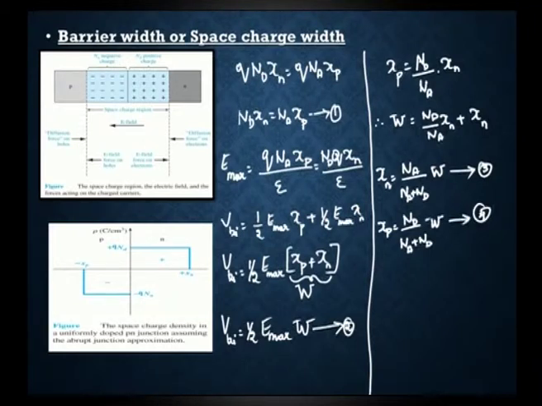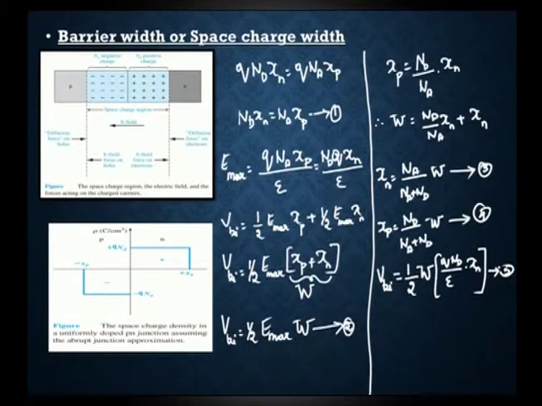Now we need the Emax value, which we substitute in equation 2, that is Vbi equals 1 by 2 into W into Emax, where Emax is Q into Nd divided by epsilon into Xn. This is equation 5.